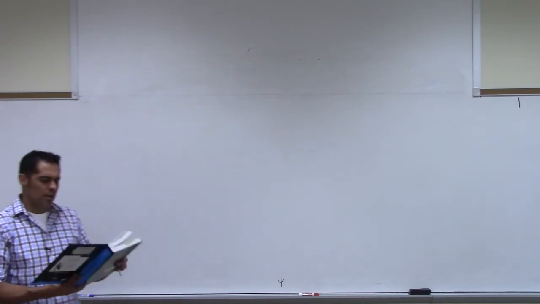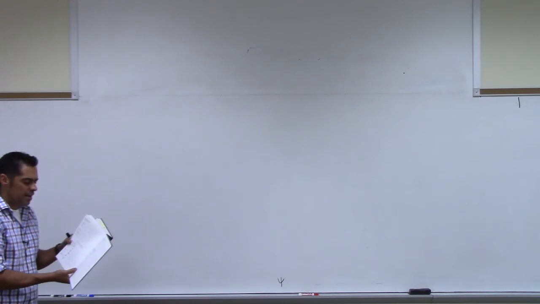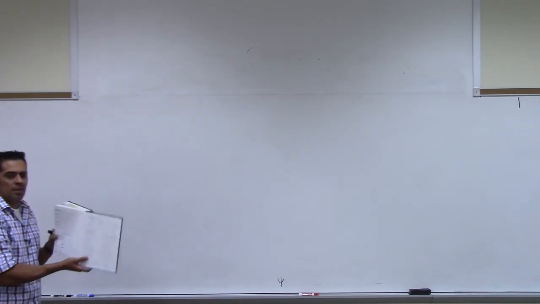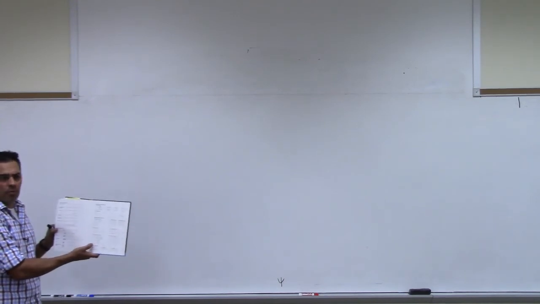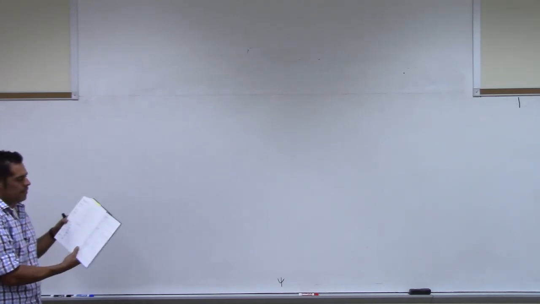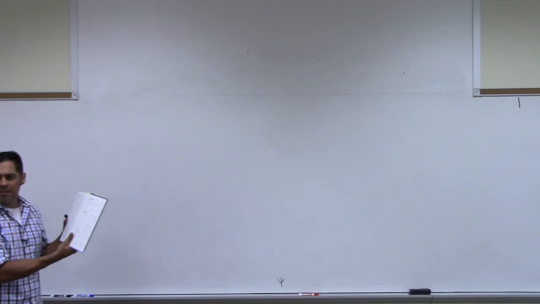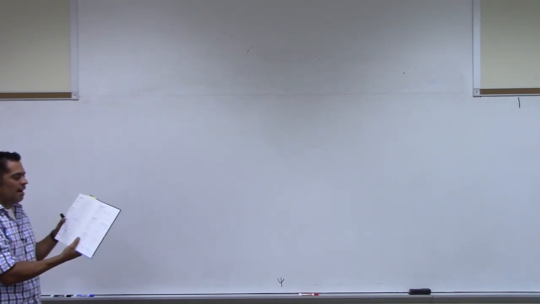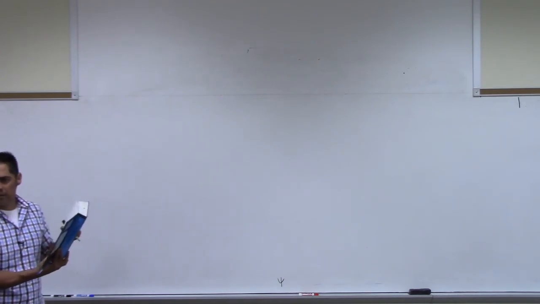I'm willing to provide you with the formulas off the back cover of the book, which I'll let you come take a picture of at the end of class if you don't have a book. I will provide you with that for free.